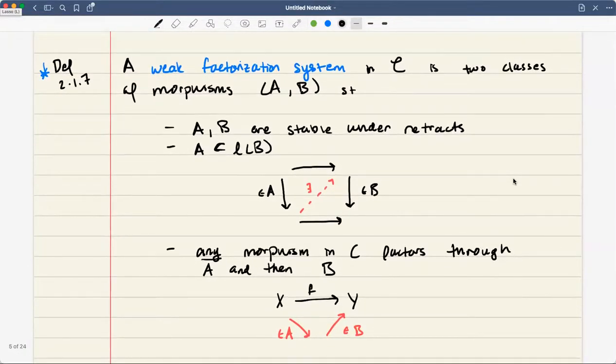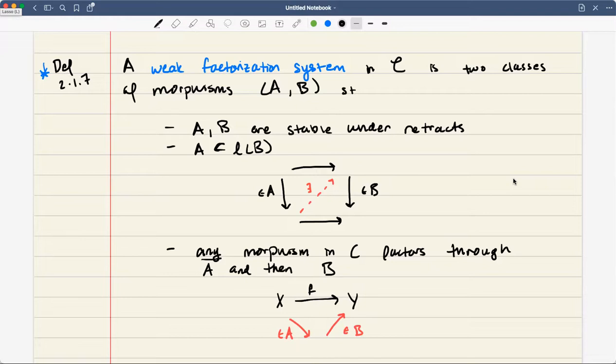And then we get to one of the main protagonists, which are weak factorization systems. What it basically is, is two classes of morphisms that have certain interactions with each other. First of all, they're stable under retracts.